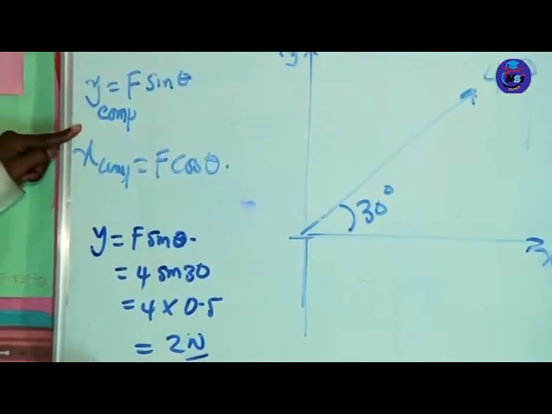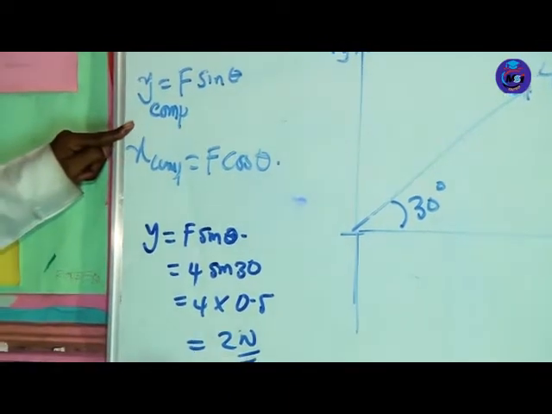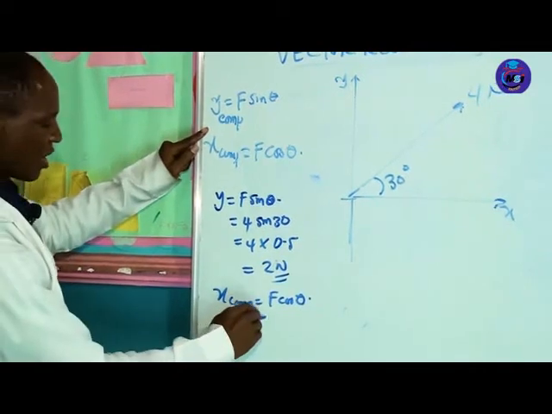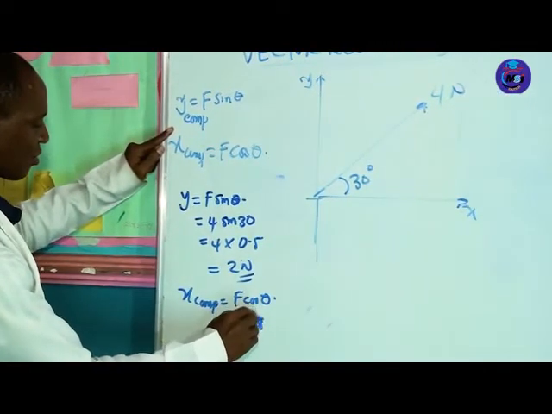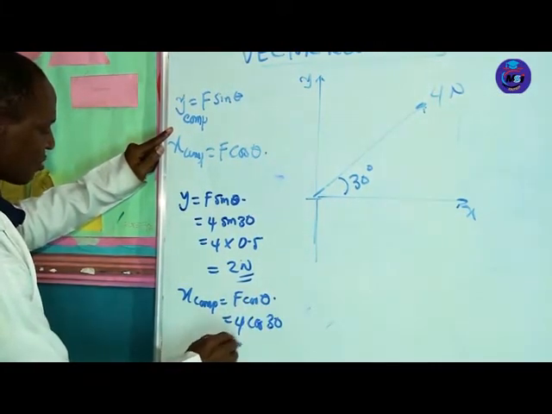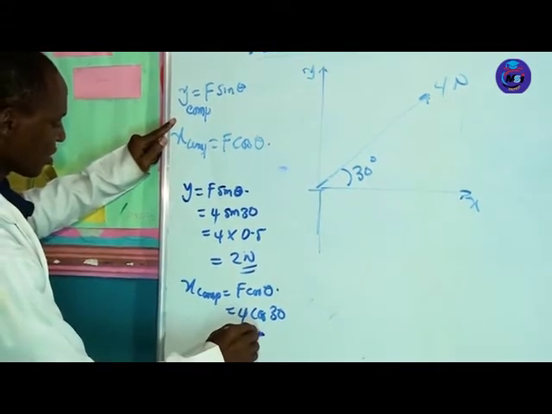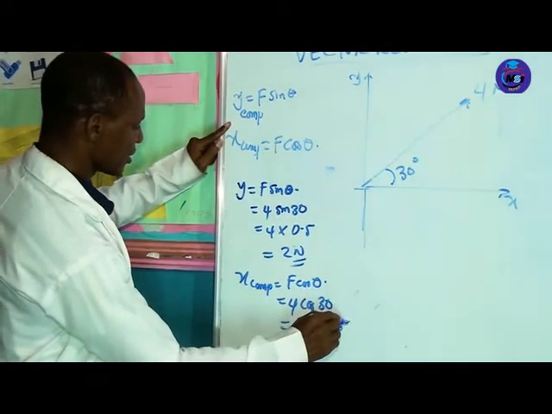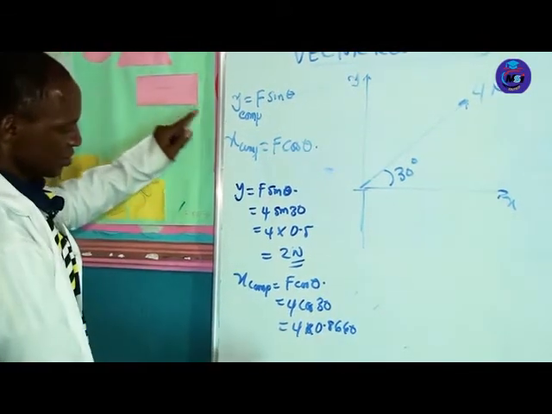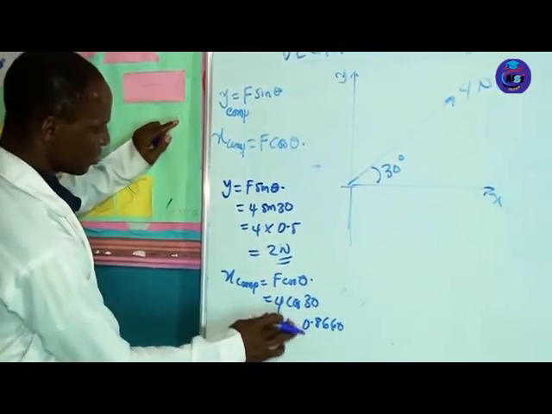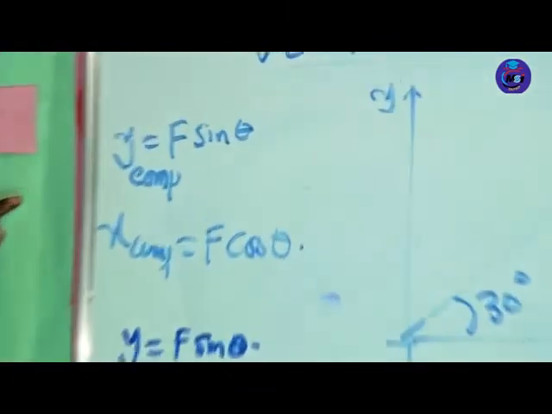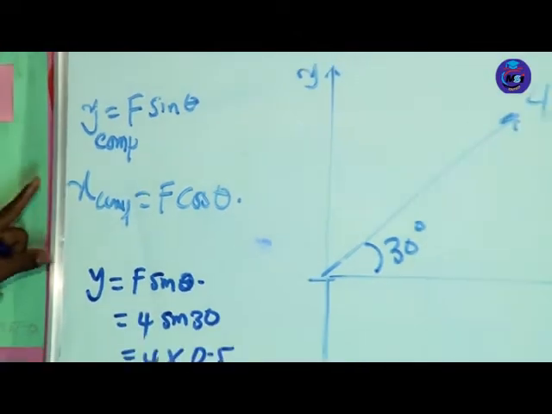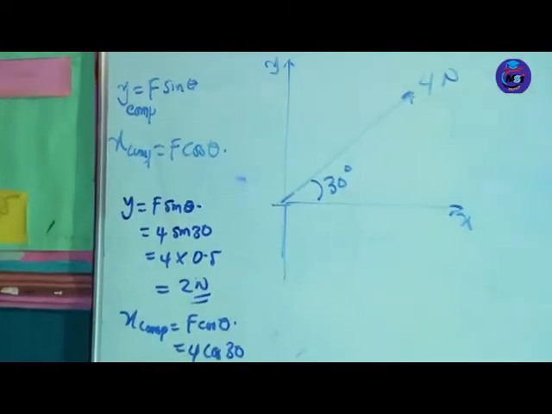For x component now, we use F cos theta. Our F is still 4, cos 30. So we have 4 times 0.8660.